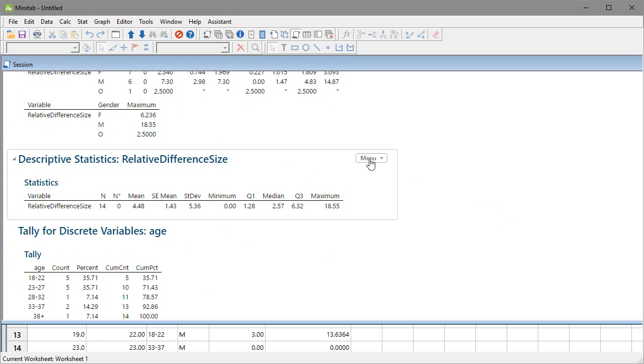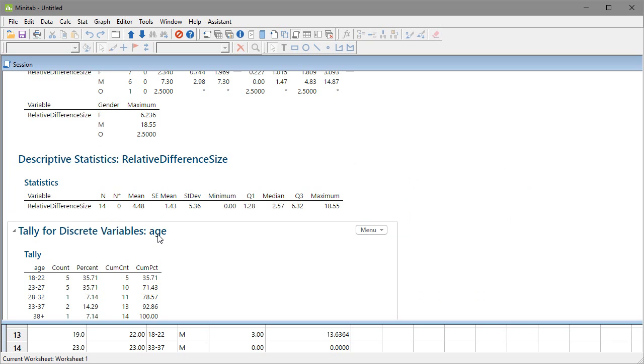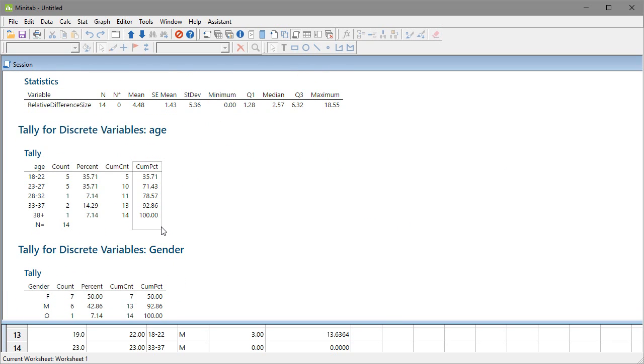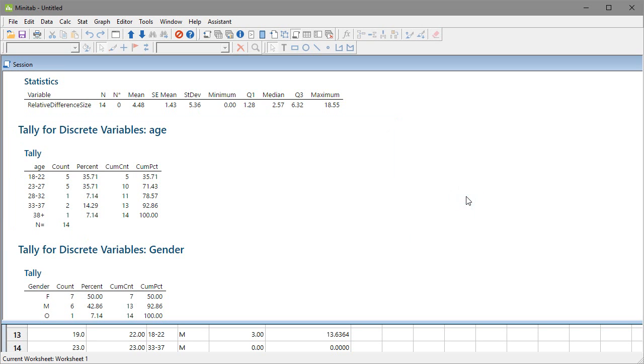Under menu, there we go, you know, copy. You can copy as a picture. You can also send that to Word. So if you already have a Word document open, you can send it to Word. So there's lots of different things. But when I ask to see your actual data that you analyzed, this is what you're turning in. Your menu, copy, and then paste that into your Word document, and then make sure to tell me what it is. So I think that's it for now.